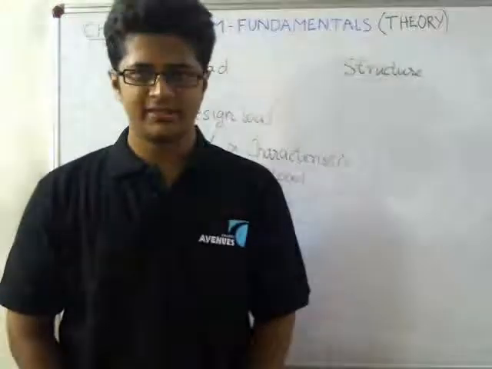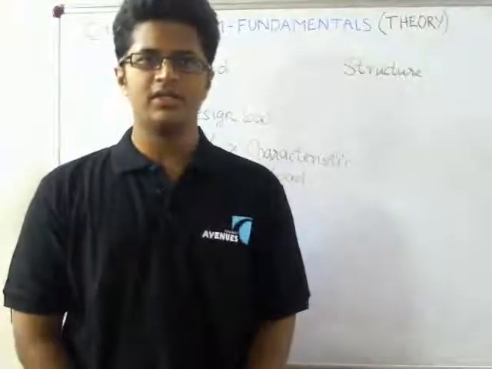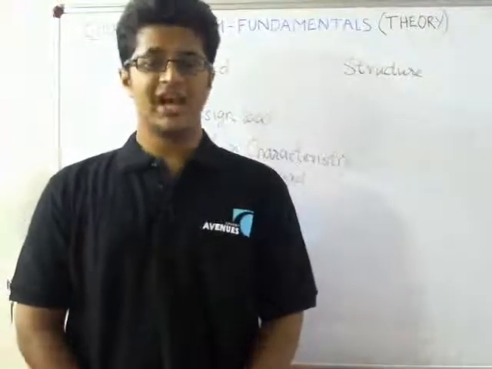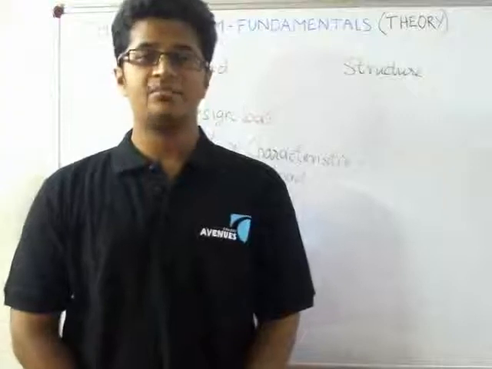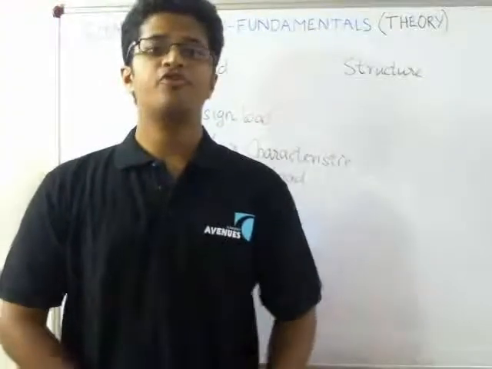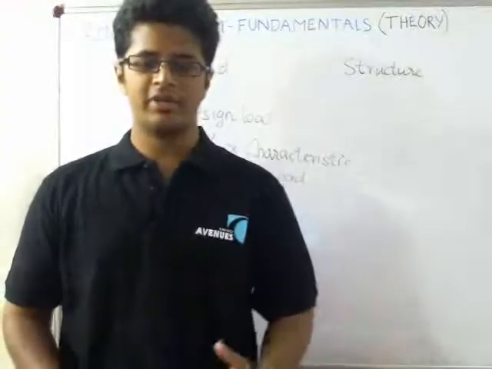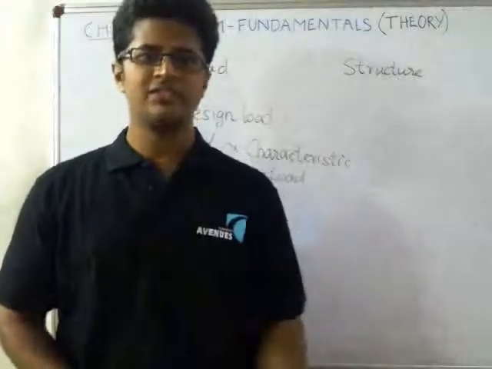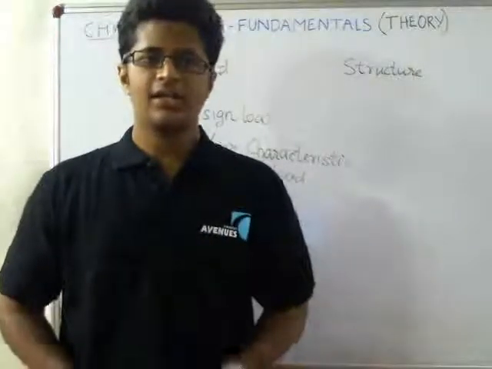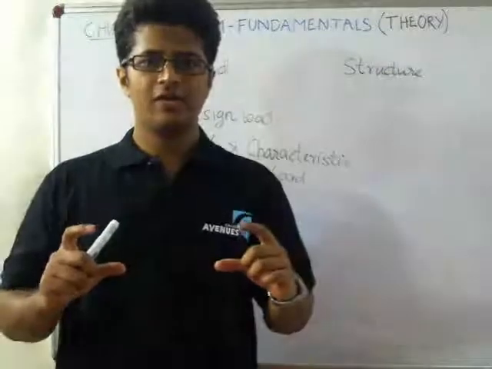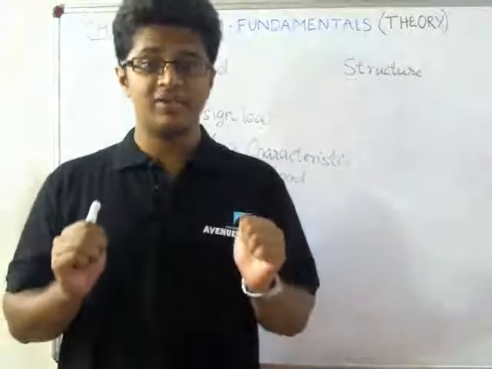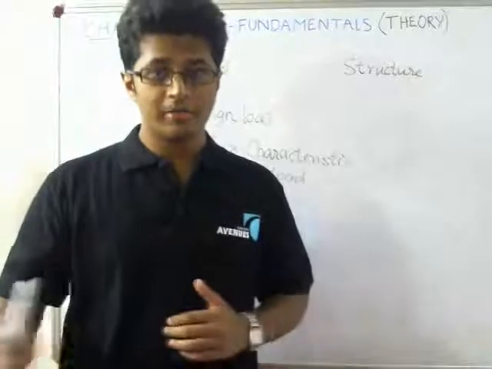Now what is a characteristic load? A characteristic load is something which has 95% probability of not being crossed in the structure's entire life. That means that value of load has 95% probability of not being crossed.